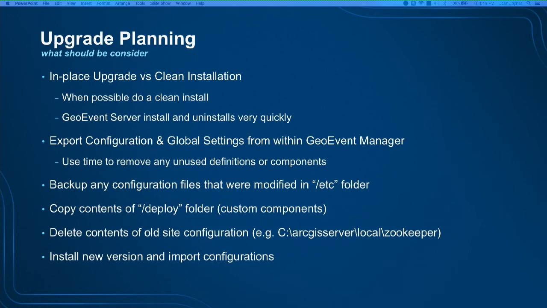If need be, you can manually delete those files. And then install the new version, import the configurations, and you're good to go. Really, this is probably more of a concern for Windows users than it is for Linux. Linux handles upgrades in place a lot nicer than Windows does, surprisingly, and a lot of that's just the way the file locks are. So that's something to keep in mind when you're working through that.